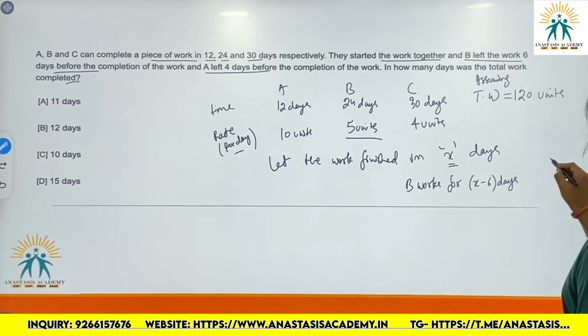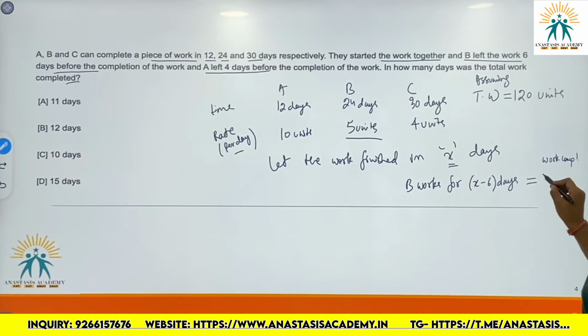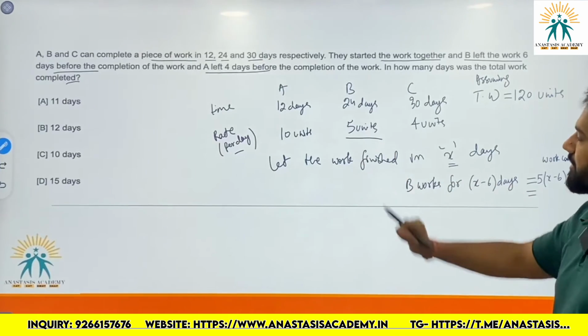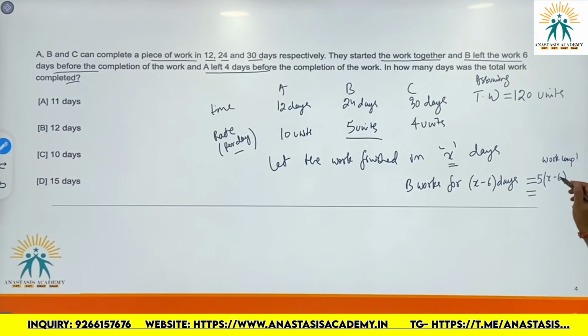So the work completed in this time by B would be how much? In X minus 6 days at a rate of 5 units per day, it is completing 5x minus 30 units.